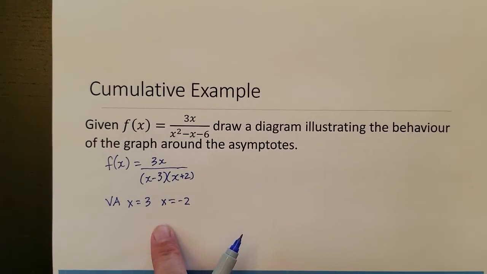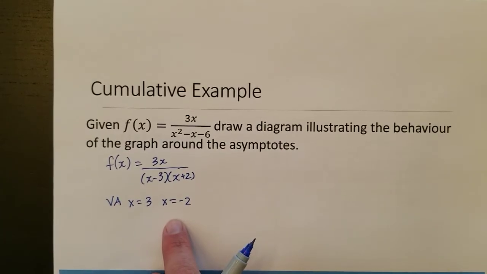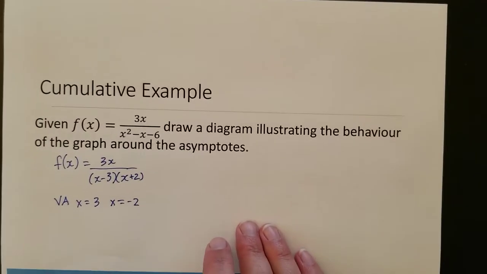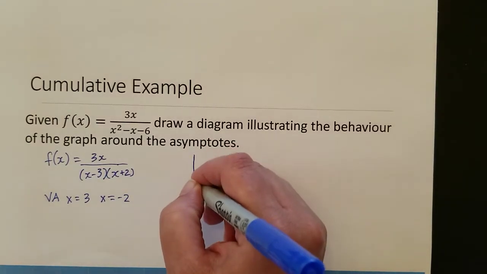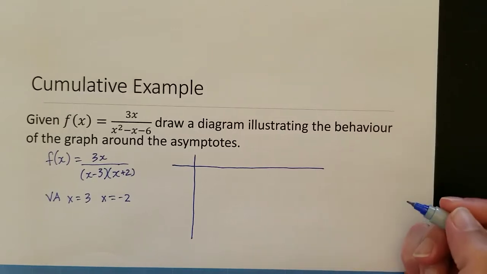From here, we're going to talk about the behavior around those asymptotes in terms of whether it's approaching positive or negative infinity for each of those pieces. So I'm going to use a table, but you can absolutely feel free to just test values.